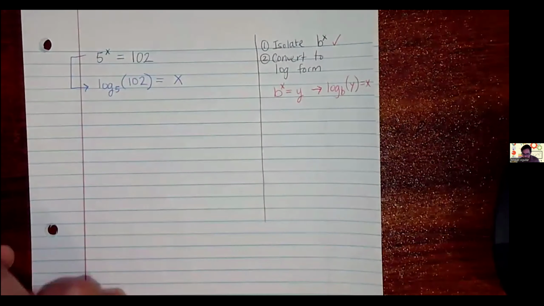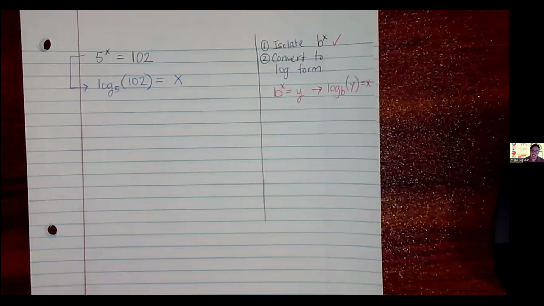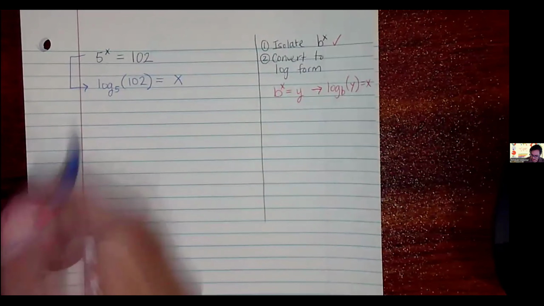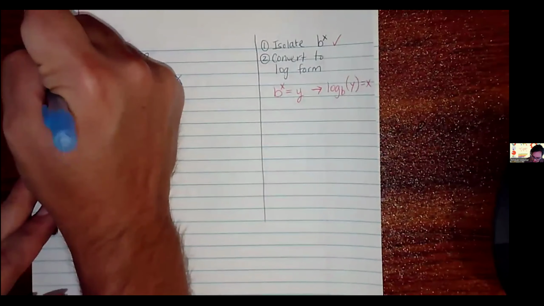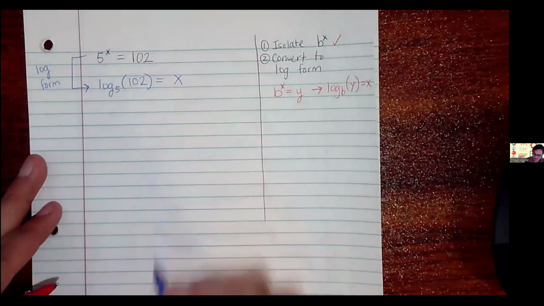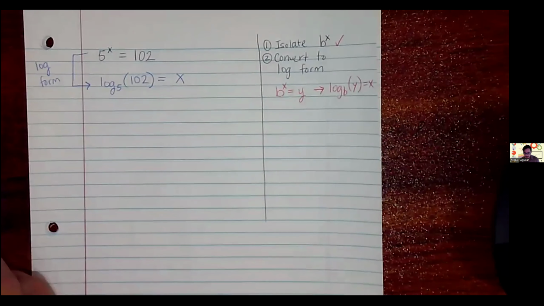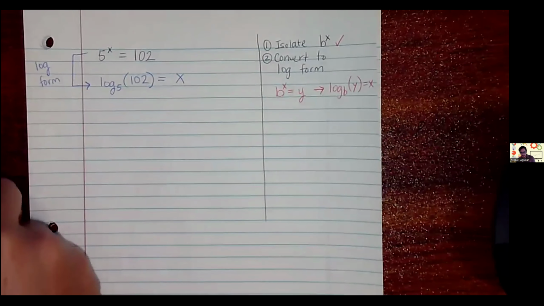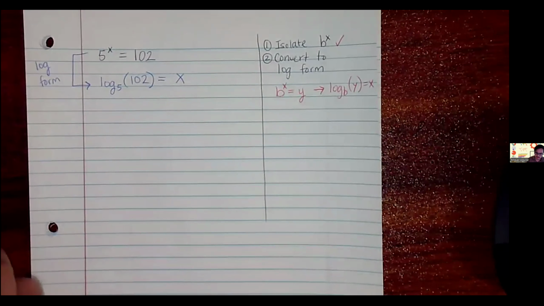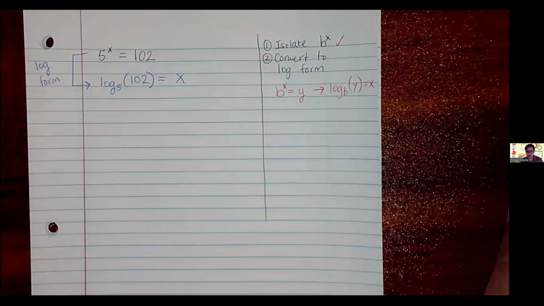And that's really nice now that I've made that conversion because the x is by itself, right? So I'm just going to write over here. We're getting this in log form. Any questions, comments, concerns? Because I'm picking up speed a little bit here, so hopefully I'm not going to lose anybody. Literally following the same steps we did before.